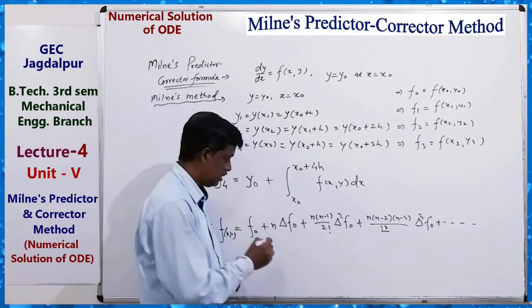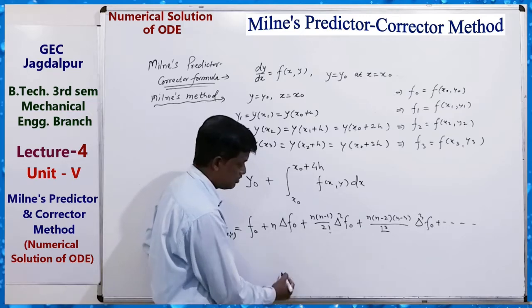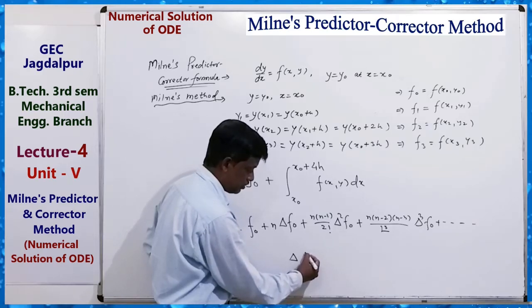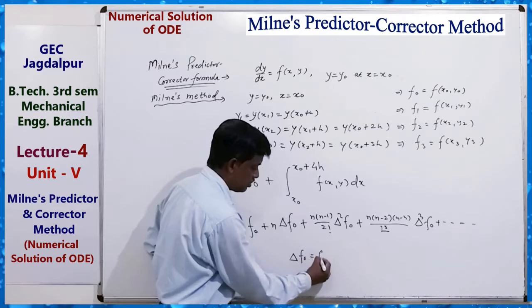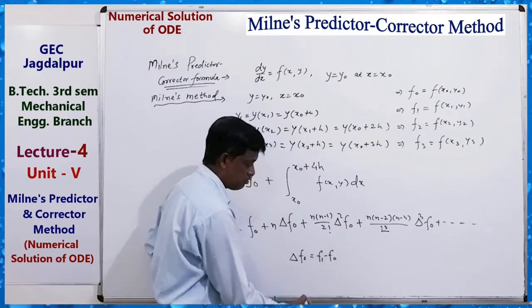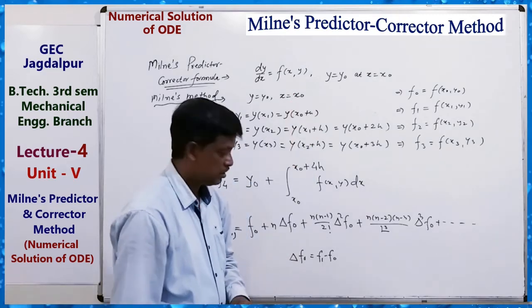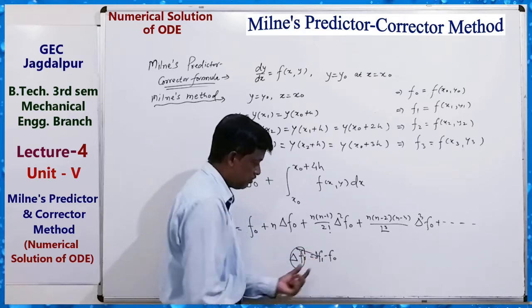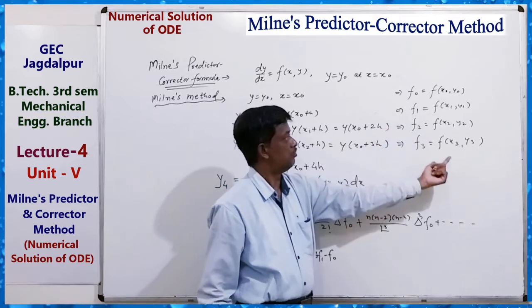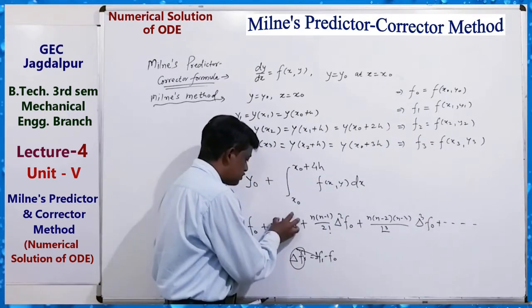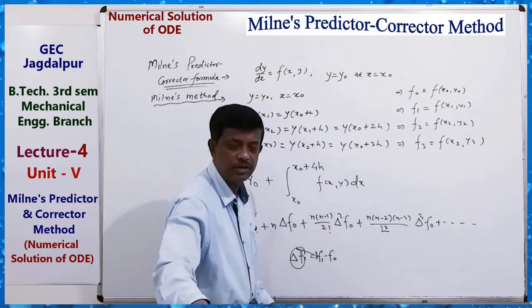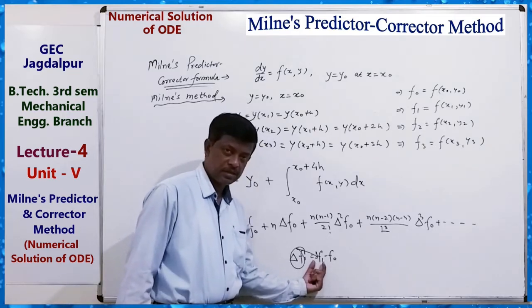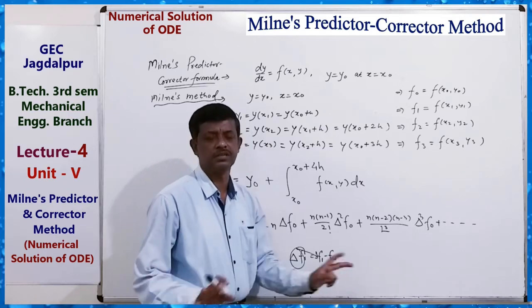Also remember that del f0 equals f1 minus f0 by forward difference. That means the differences can be expressed as values of the function, in terms of functional values, not differences or derivatives.